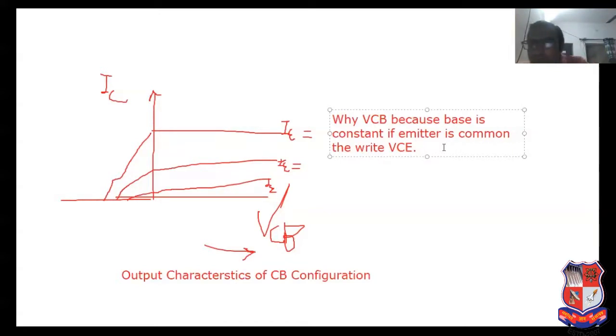So it is the standard notation, and it is the output current. Why can we get these characteristics? I will explain this in detail. Don't worry for that.